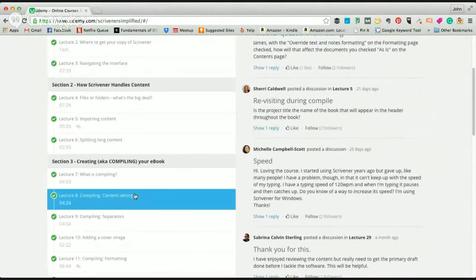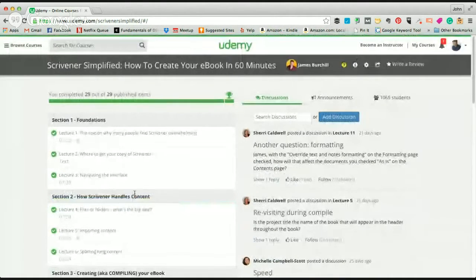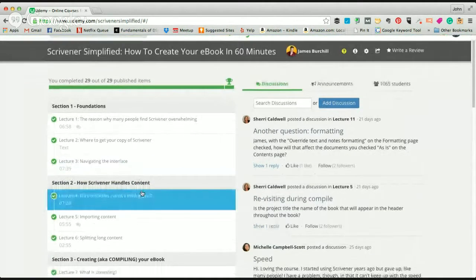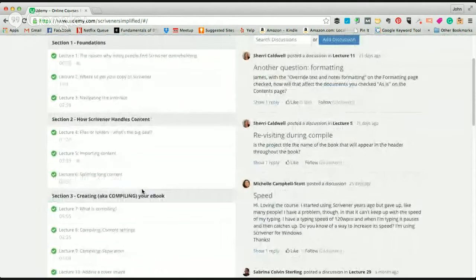His approach is very much from the standpoint of, what do these different aspects of Scrivener mean in the big picture of things? He treats it as content, so he's not so much concerned about the nitty-gritty functions, although he does get down into it.